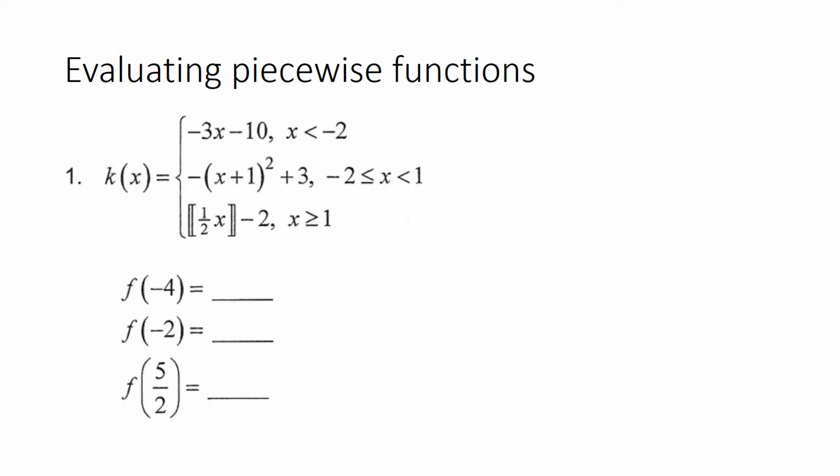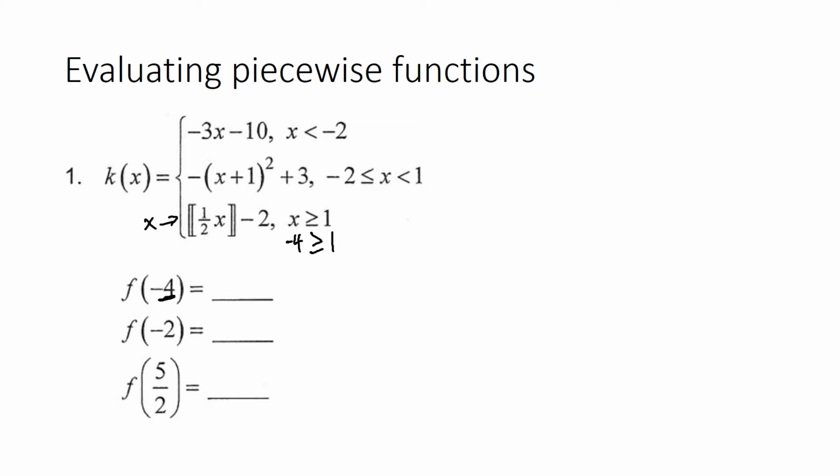Were we to put -4 here and ask, is -4 greater than or equal to 1? Is that true? No. -4 is actually supposed to be less than 1. So this third function is not something that we would use when we look at -4.